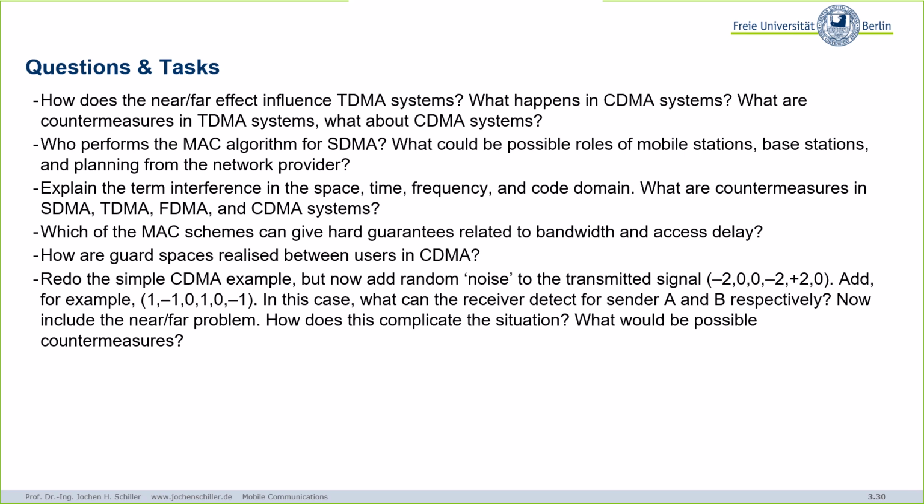So that's a problem. So access delay is fine because you can simply directly access the medium, no problem. But bandwidth might be a problem. Sure, you can control the access to a network, but the pure CDMA technology without any additional scheme is difficult because you might influence the others.